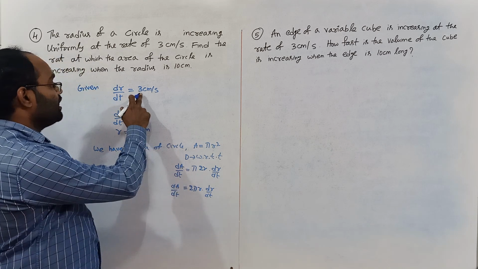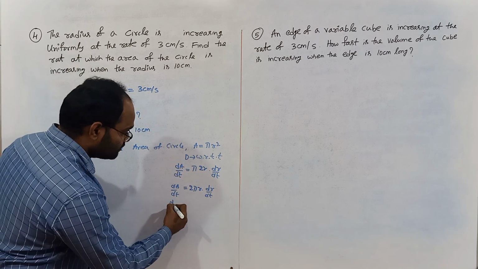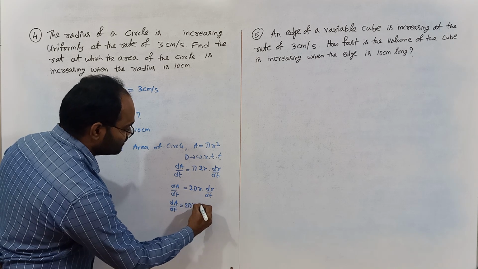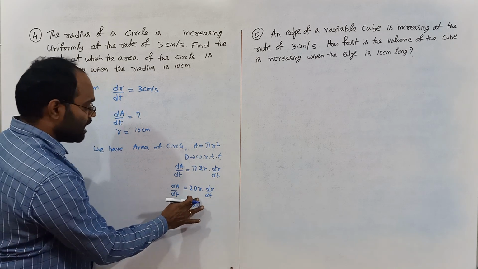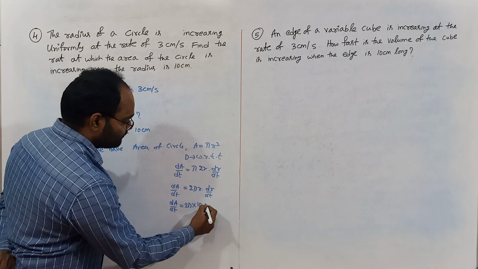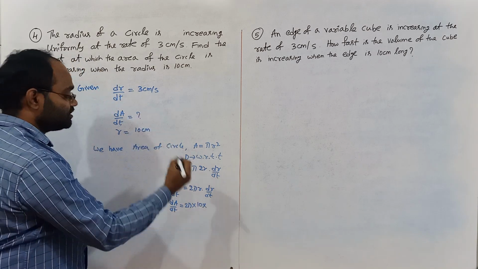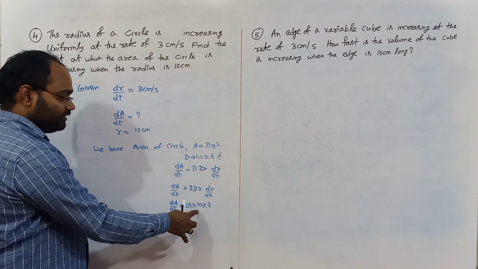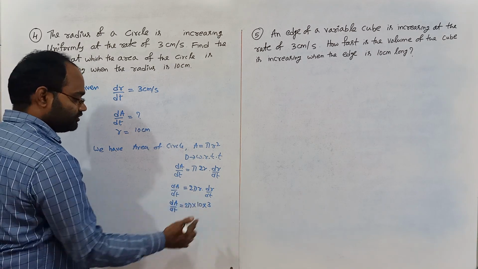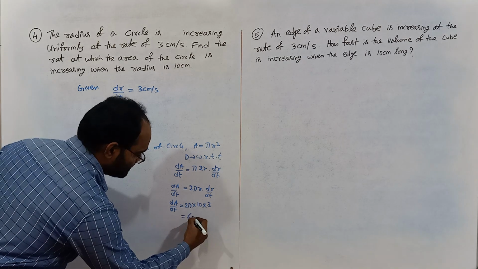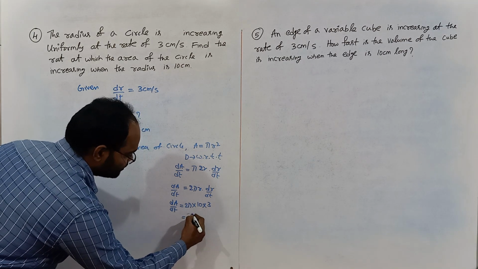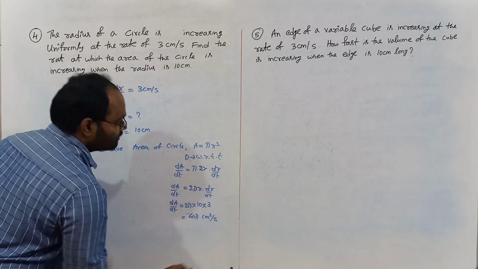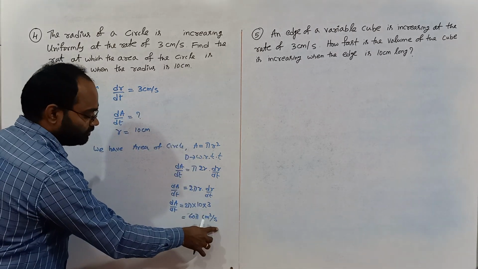Substitute r, r is 10 centimeter. Therefore dA by dt is 2 pi into r, that is 10 centimeter, into dr by dt, which is 3 centimeter per second. If we simplify, 10 into 2 is 20, into 3 is 60 pi. So dA by dt is 60 pi centimeter square per second, time is in terms of second.